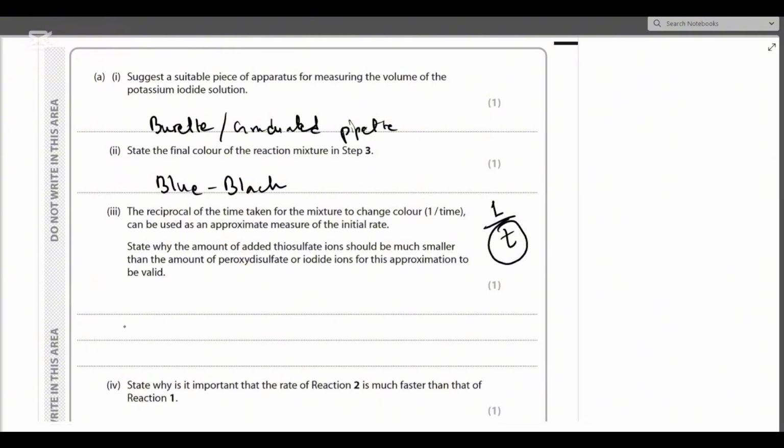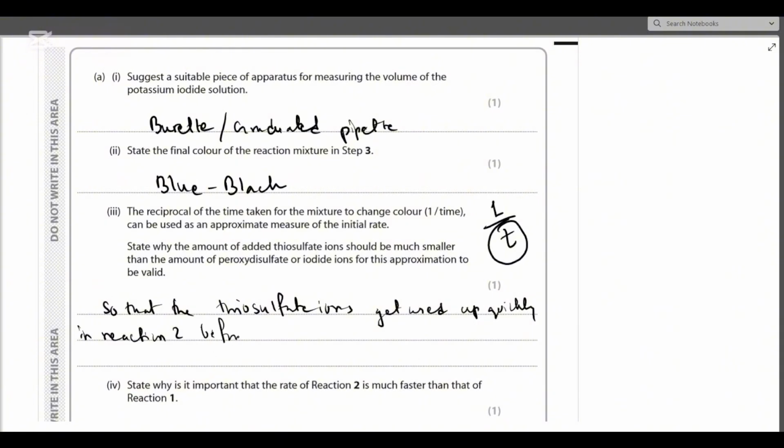So we can say that the thiosulfate ions get used up quickly in reaction 2 before the concentration of the main reactants changes significantly.